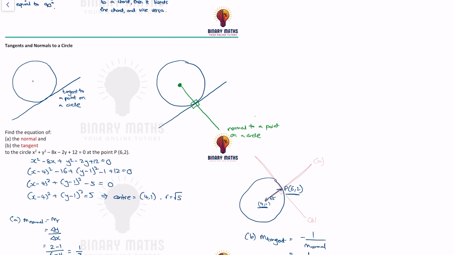So I have gradient is equal to negative 2 and x1, y1 is equal to 6, 2. So using y minus y1 is equal to m times x minus x1, I get y minus 2 is equal to negative 2 times x take away 6. So that would be the equation of my tangent.